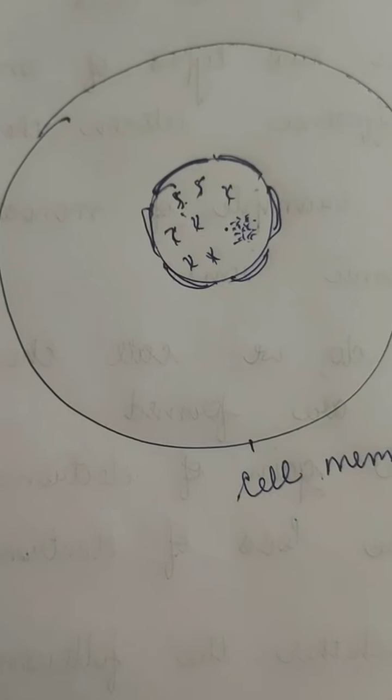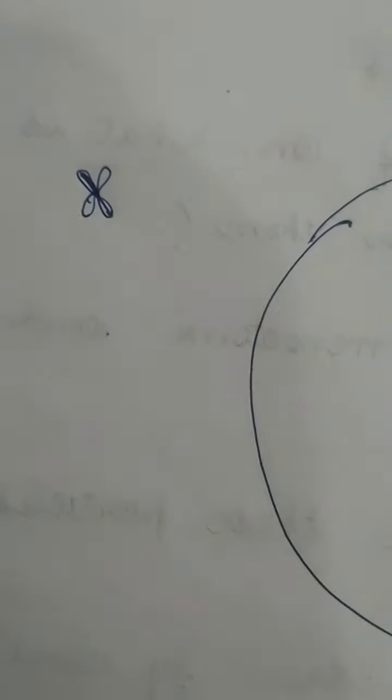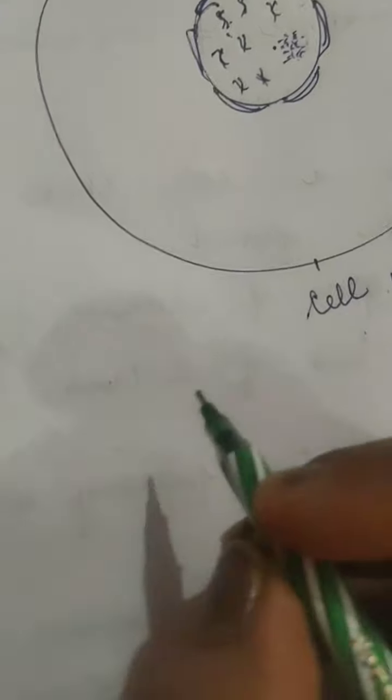So chromosomes are what? They are just condensed chromatin fiber, and it's like this kind of a shape, somewhat like this. Okay, so chromosomes are thread-like structures because they are so condensed, so super coiled. The coiling is somewhat like this.